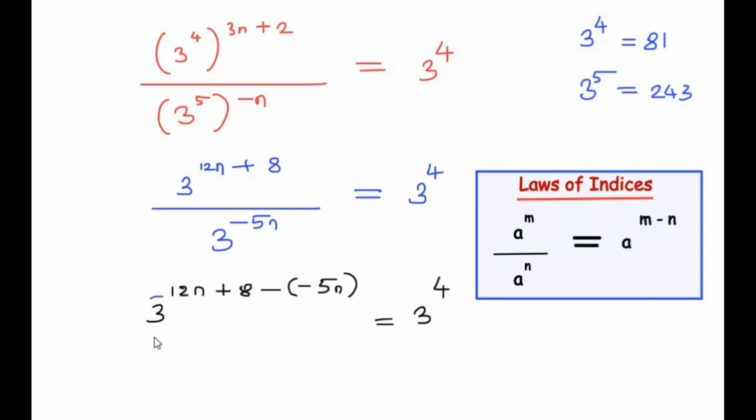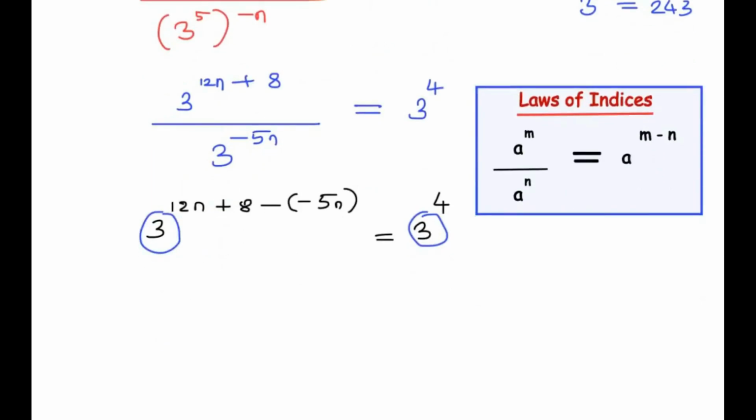Now the bases are same on both the sides of the equal to sign. So here we are going to simplify the powers on the left hand side and equate it with the power on the right hand side. So we get here 12n plus 8 and minus of minus gives us plus 5n is equal to 4.